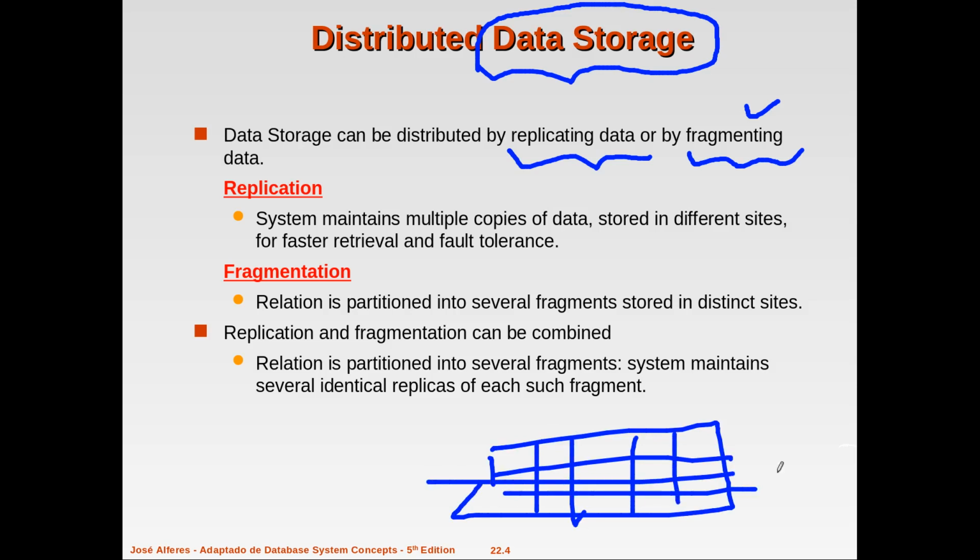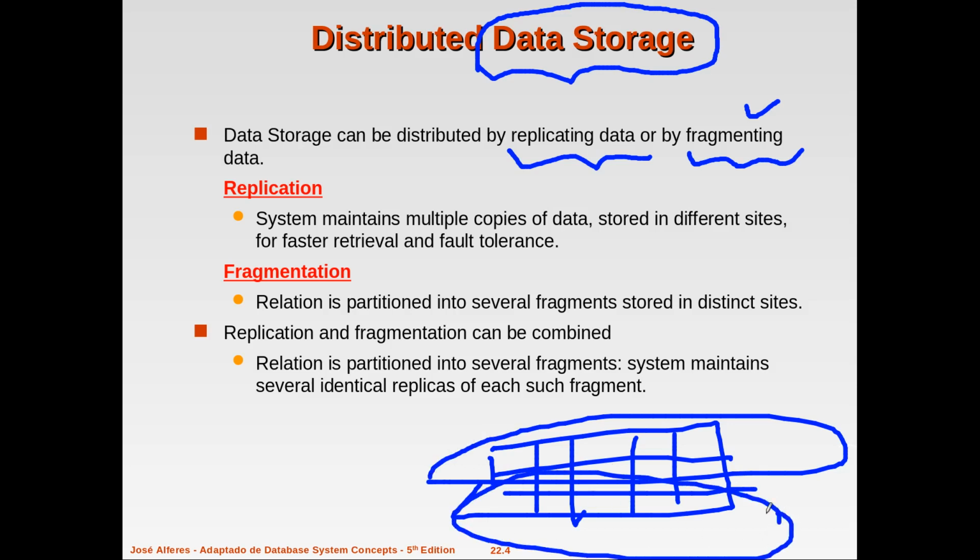That means some portions of a relation can be considered as a fragment, some other portion of a relation can be called another fragment. We can divide the relation into different fragments, and these fragments can be stored in different sites. Maybe we can replicate these fragments also. The different fragments can also be replicated. So the entire relation can be replicated, and the different fragments can also be replicated.